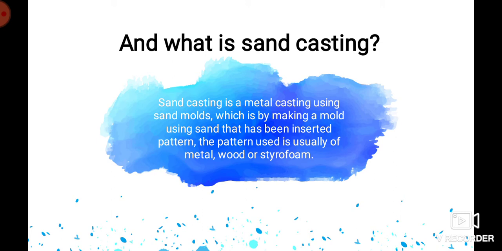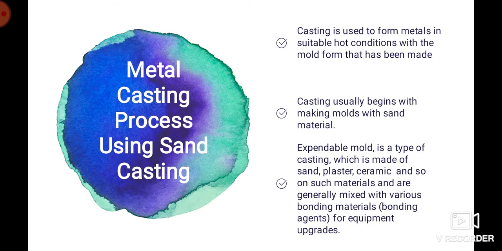Now, let's move on to the next section, which is about the metal casting process using sandcasting. Casting is used to form metals in suitable hot condition with the mold form that has been made.